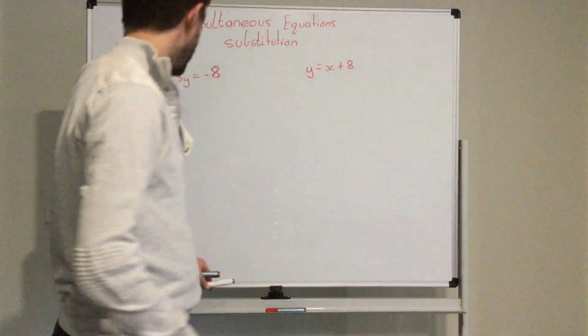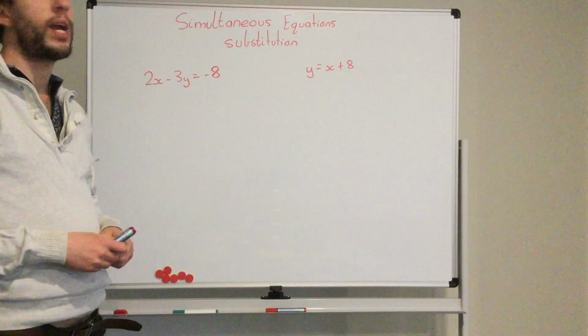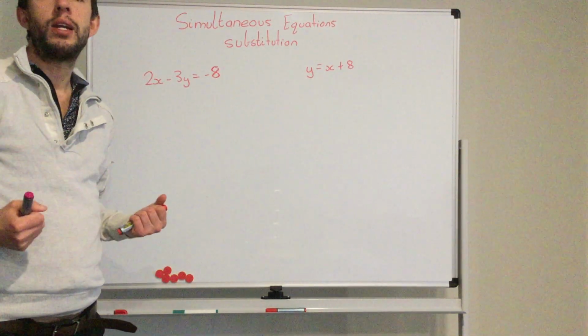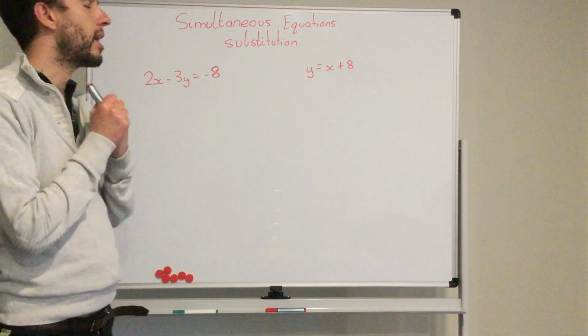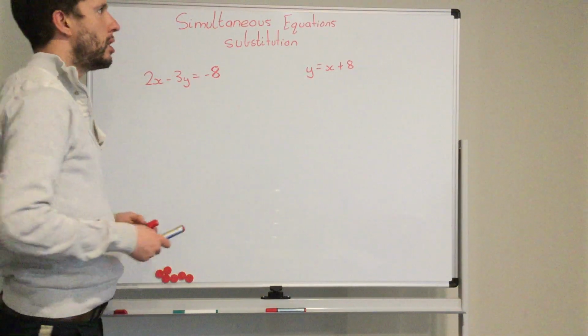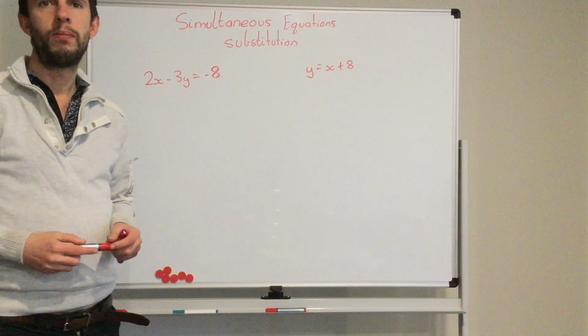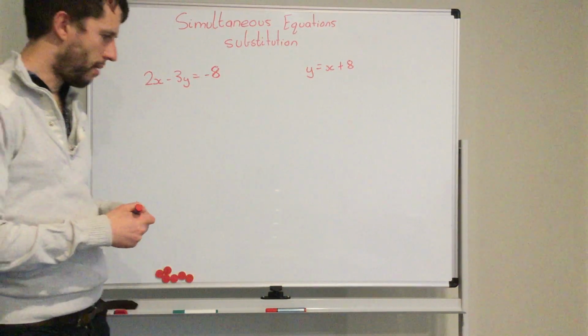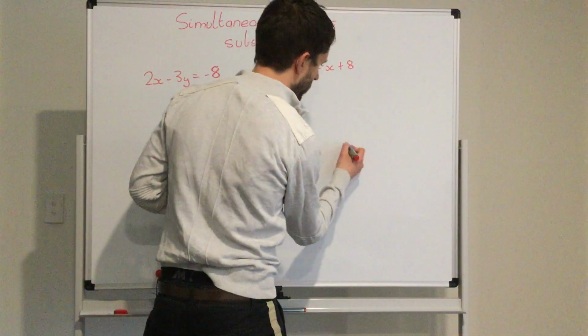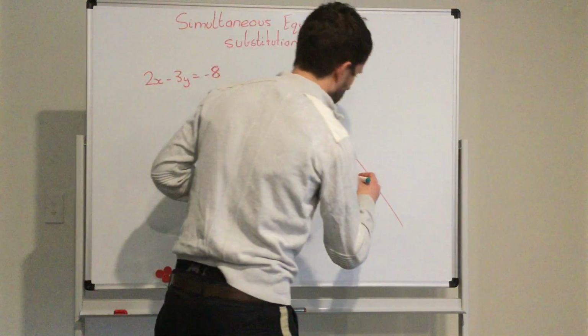So our focus is we are looking at simultaneous equations. The word simultaneous means at the same time, we are going to have two equations at the same time. So if we've got two equations at the same time, I'm just going to put a line here. If I've got another equation, I'm going to put a line here.